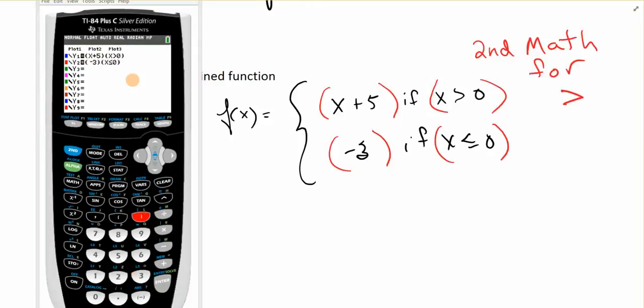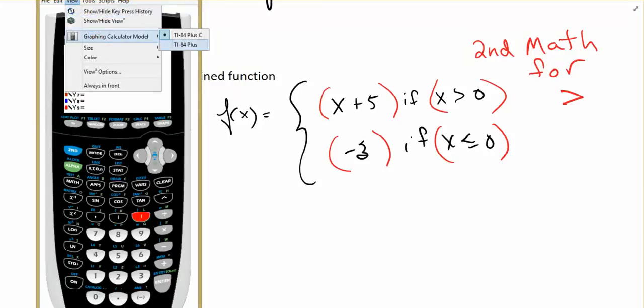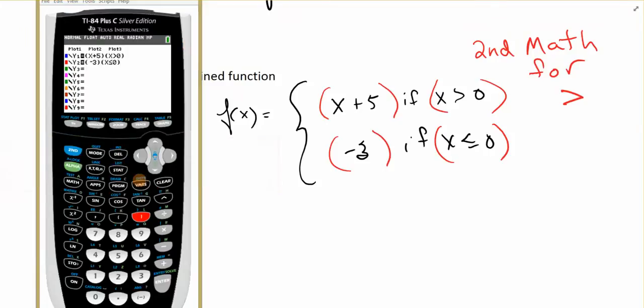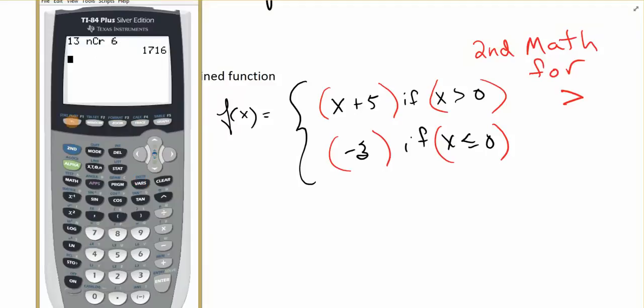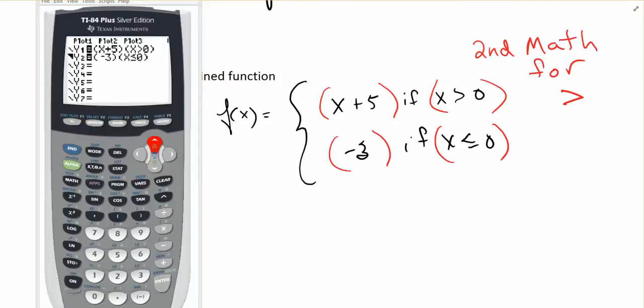All right, once you get line 2 in and line 1, you also want to make sure that you are in dot mode. And it may be different on your calculator than on this one. I need to actually change the style of this one. Let's change the view so that it looks like yours. And it always needs to be dotted in the piecewise.